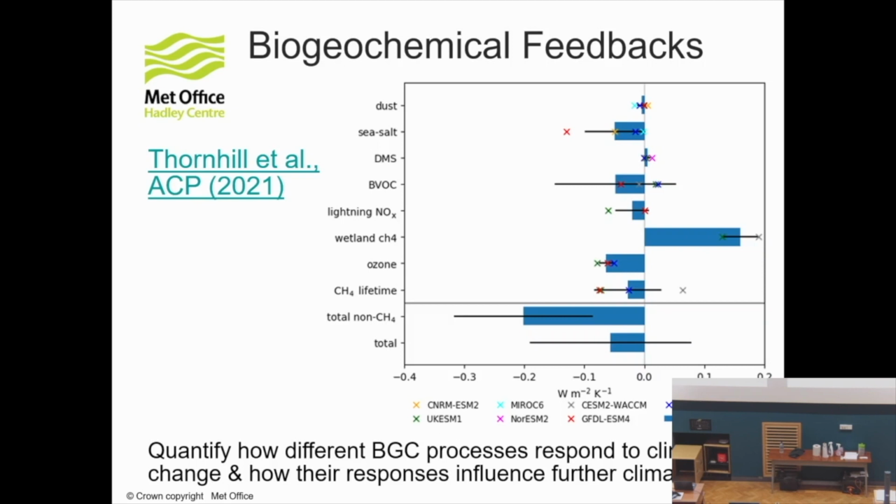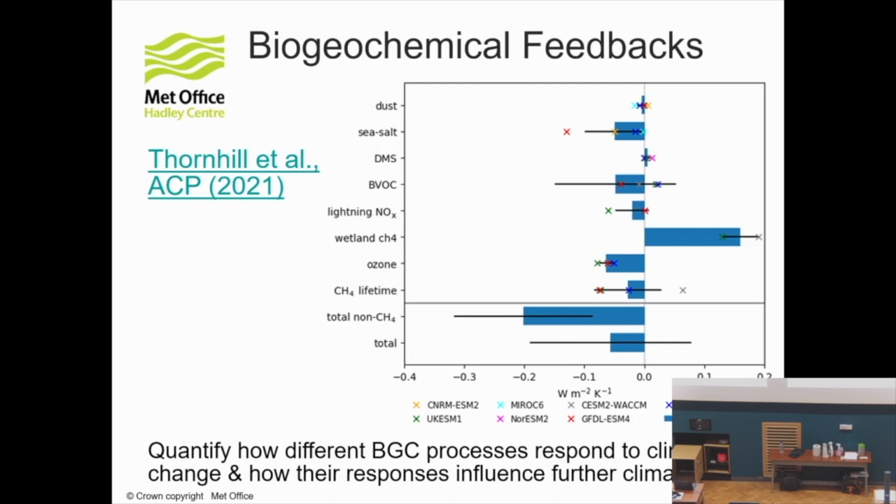So if there's a little bit of climate change, for example, methane emissions from wetlands will increase. That increase in emissions will drive an increase in the methane abundance in the atmosphere, and that will give rise to an additional positive impact on the Earth's radiation balance. Here you can see a range of biogeochemical feedbacks covering aspects of the aerosol phase and the gas phase.